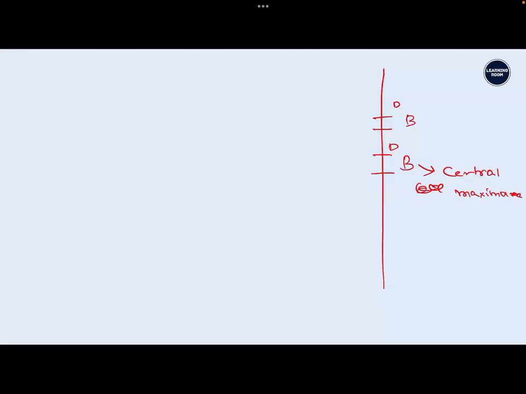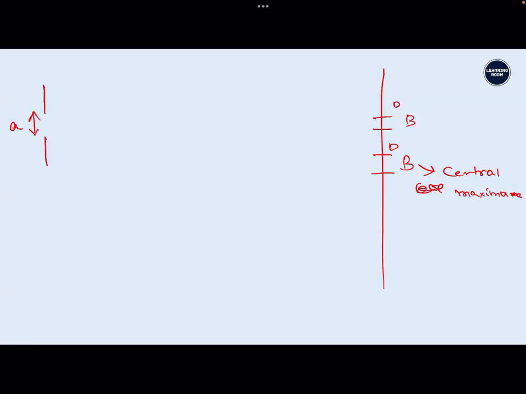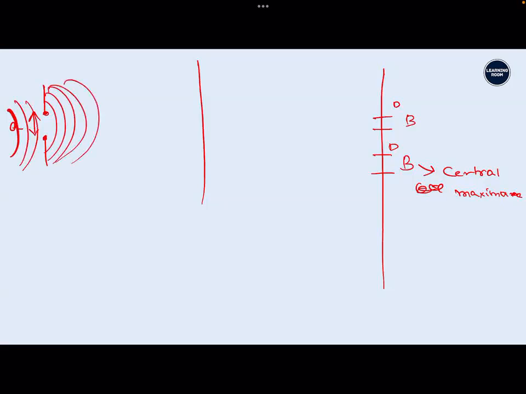How is it formed? If I call this the slit, and I take the width of the slit to be a, and light is falling from the ends of the slit, then if there is a wavefront passing like this, after it strikes the obstacle, it starts getting split into wavefronts and keeps moving.